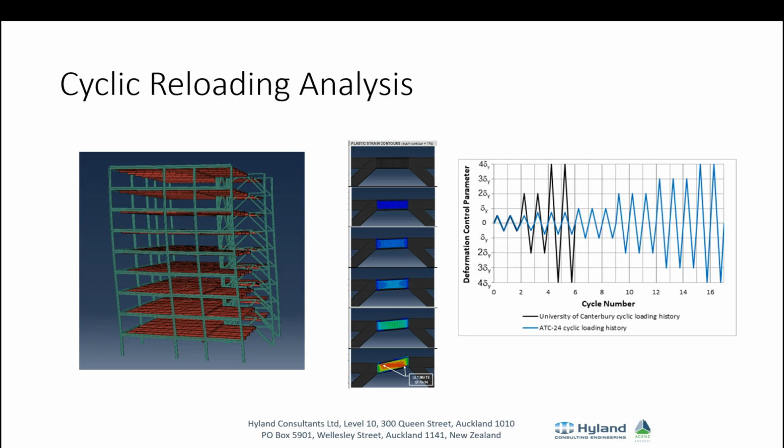In fact, what it showed is that it performed better in the second earthquake than in the first, because there was less inelastic deformation. So it was an interesting result.